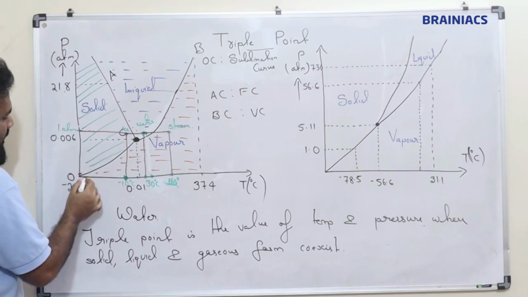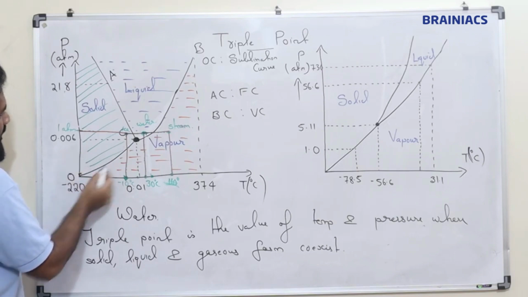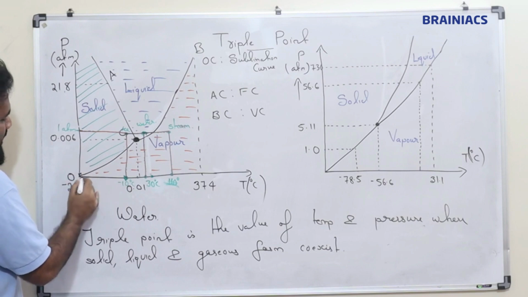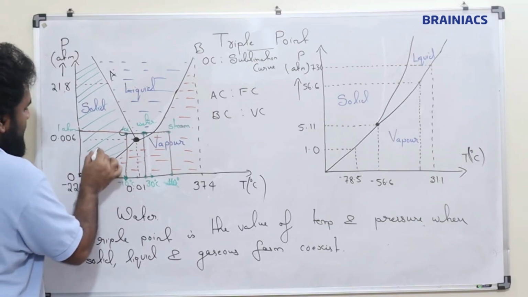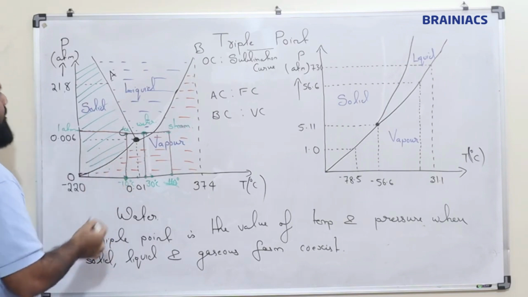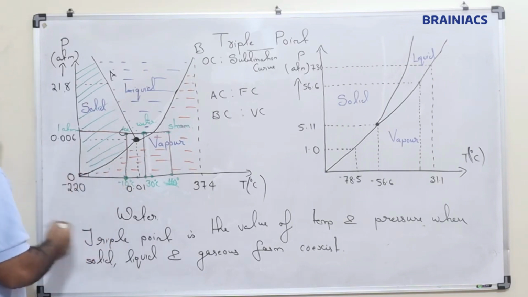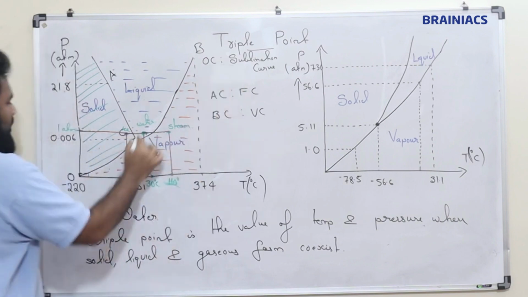At a very low pressure, a very small temperature change can convert solid into vapor form. So that is OC, the sublimation curve.